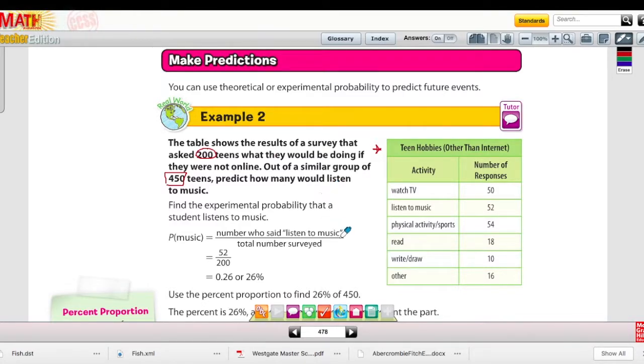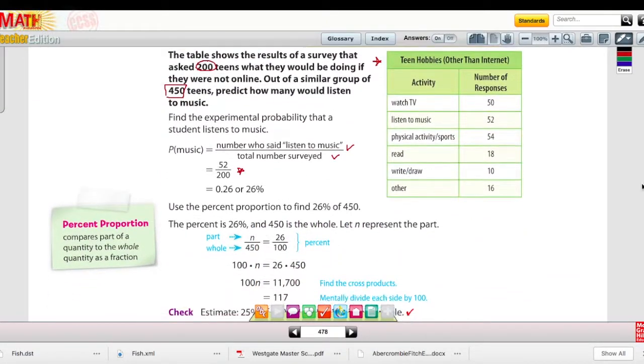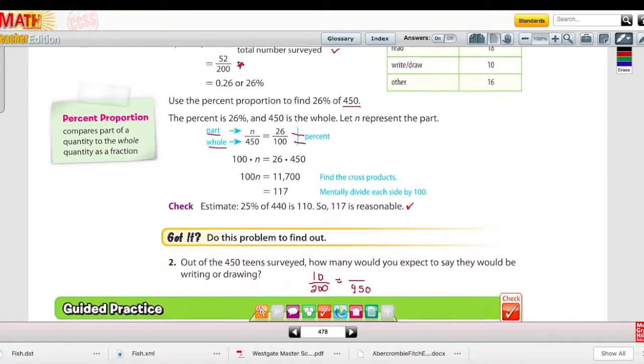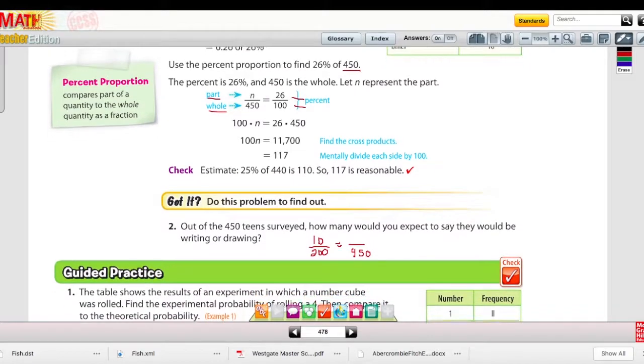So we're looking at who said listen to music over the total number to get a ratio, and then we're going to use a proportion to find out how many out of 450. So we get back to that part, whole, and then percent over 100 that we've talked about before. And we can use that proportion to estimate for a larger population.